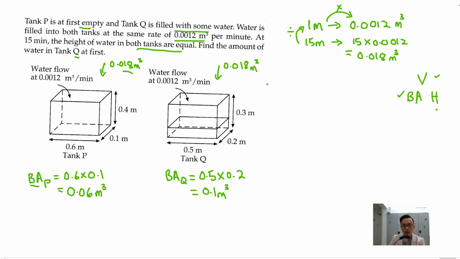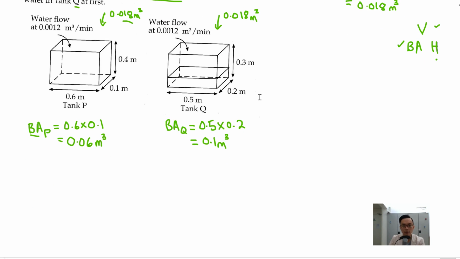So height of P is equals to volume of P divided by base area of P, which is equals to 0.018 over 0.06 equals 0.3 meters.